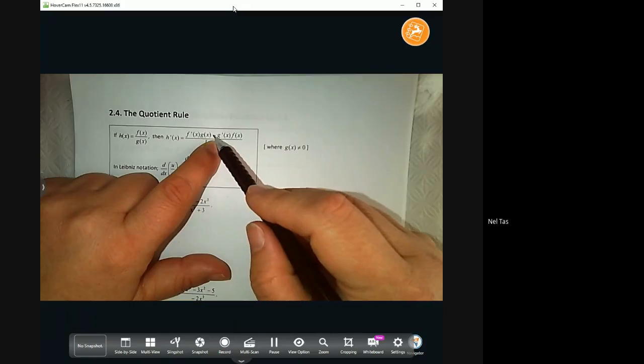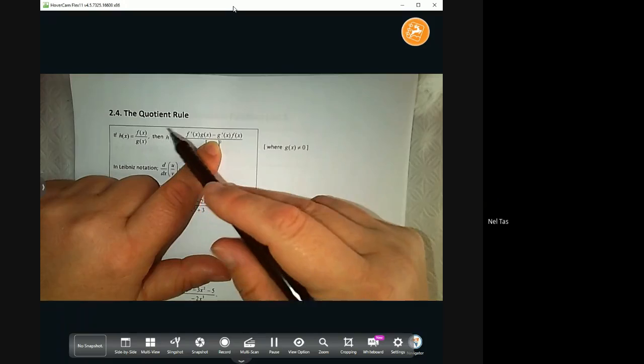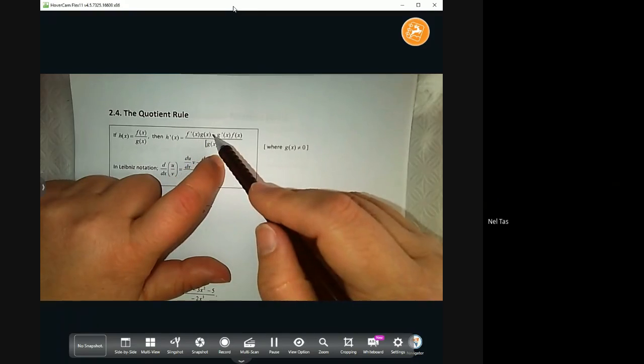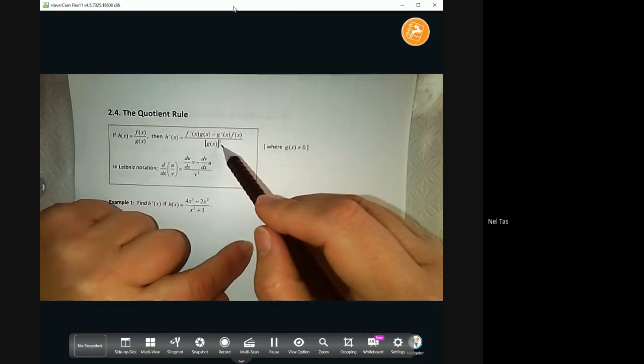So if you cover this, the top one, the numerator, looks like the product rule. For the product rule, remember, instead of a negative sign, we have a positive sign. So when we have a quotient rule, that is a subtraction. And then, of course, we divide it with the square of the denominator.